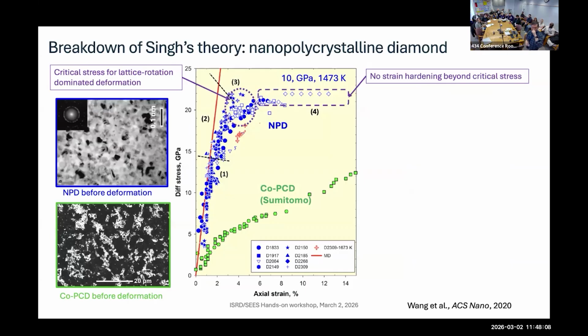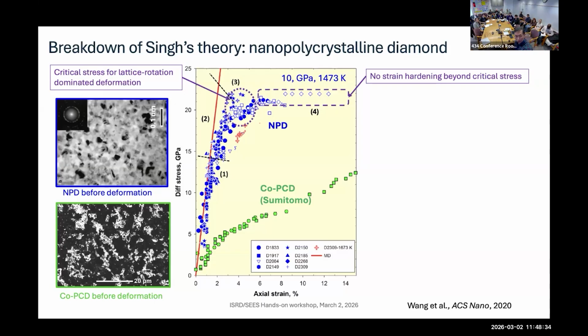So this is a super hard material. This is nanoplastic diamonds. Its typical grain size is about 100 nanometers, compared to the typical commercially available polycrystalline diamond composite, which is like 20 microns or so grain size. At 10 GPa, 1200 degrees Celsius, the material is really strong.